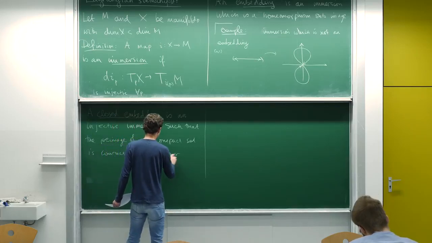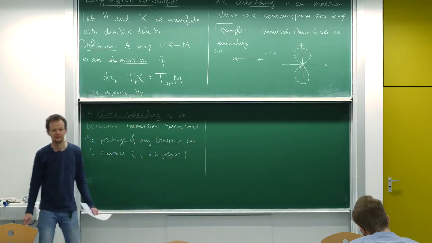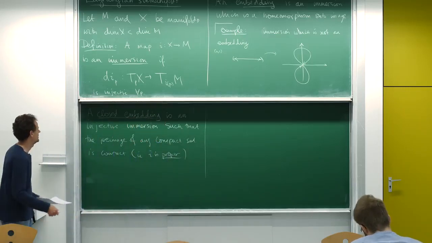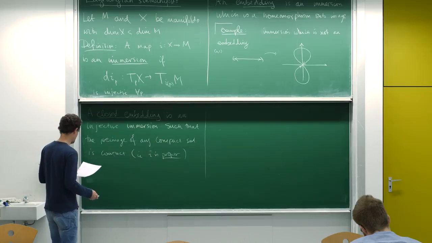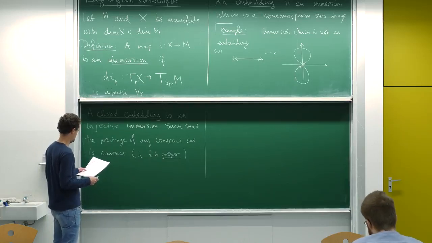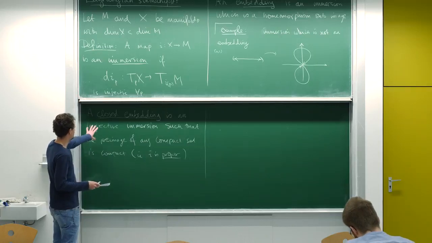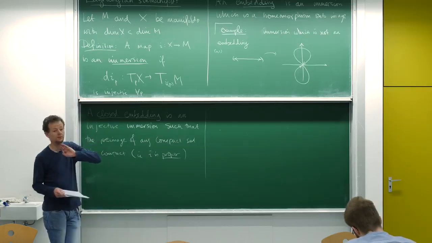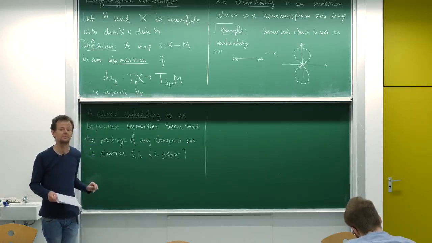And there's another word for that. That's called proper. If the preimage of any compact set is compact, then you call it a proper map. And this is the final notion that we're going to use to talk about submanifolds.